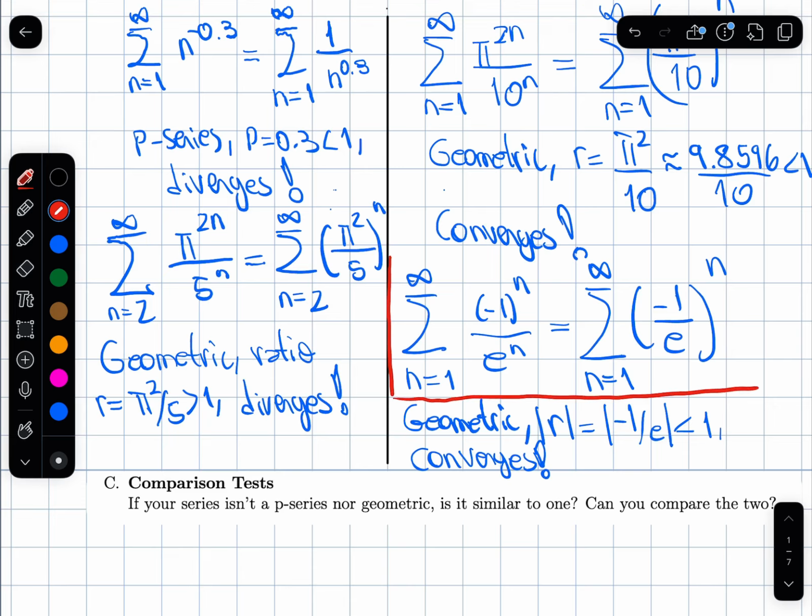By looking at this series, you can see that the alternating series test probably applies, because you see this -1 here to the power n. But if you go through this decision step-by-step guide here, you see that trying to see if it looks geometric is better, easier.